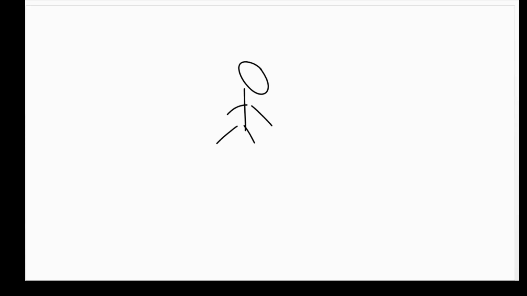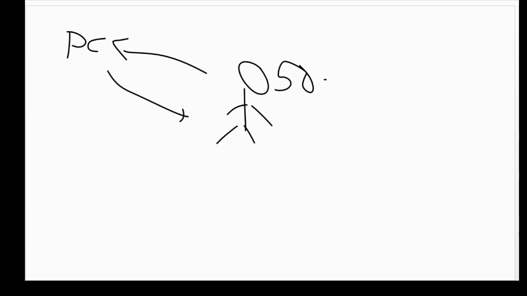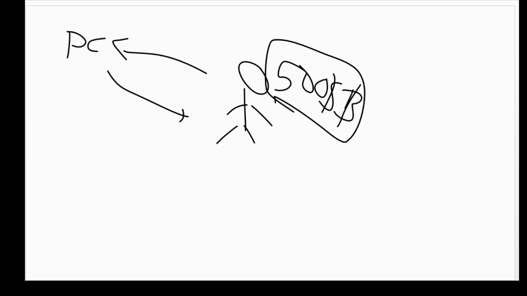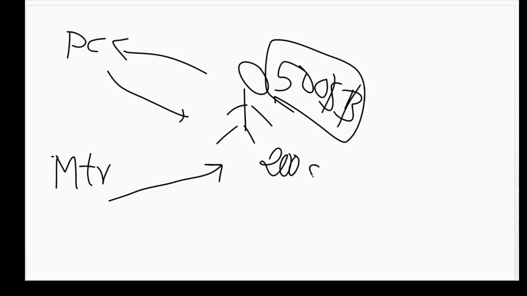You sold a PC to someone, you received $500 worth of Bitcoin to your account. You have this as a UTXO, and let's say you sold a monitor to someone else, and you received $200 worth of Bitcoin to your account.